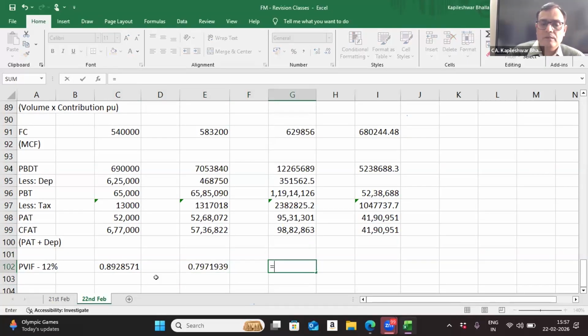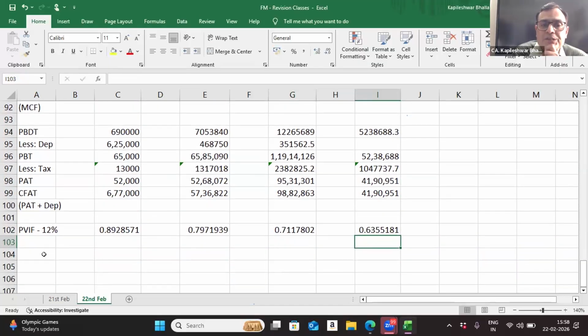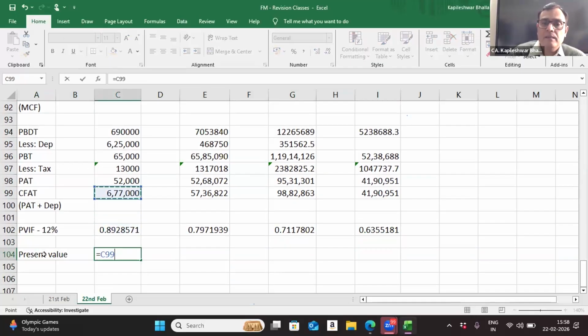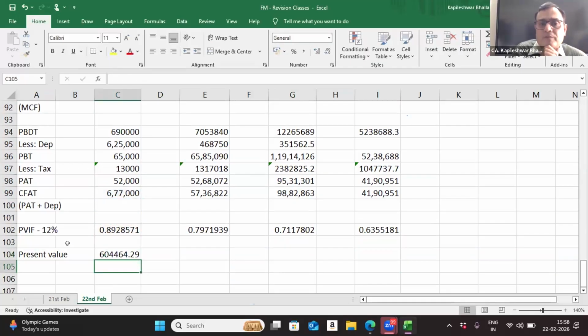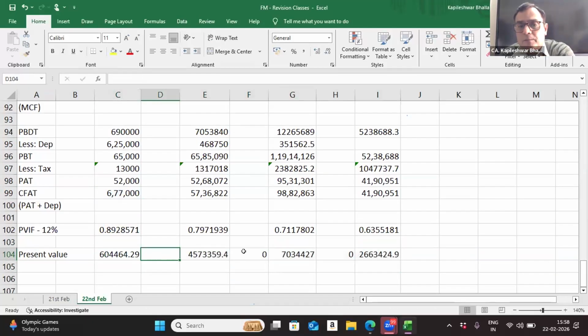Then 1 divided by 1.12 raised to power 3. And this is going to be 1 divided by 1.12 raised to power 4. So that is my present value factors. So we can calculate the present value as well. So this is going to be the CFAT multiplied with this present value factor. Great. So my CFAT present value is done.